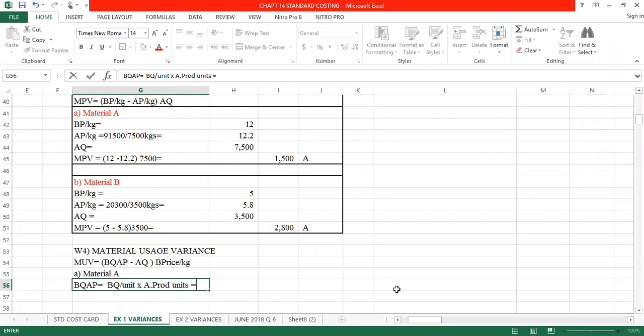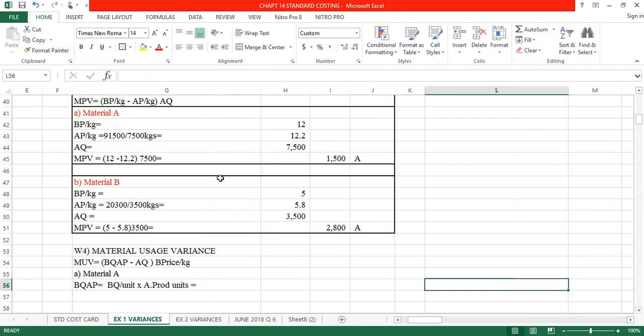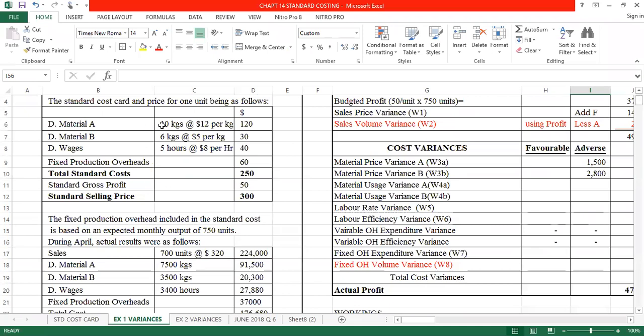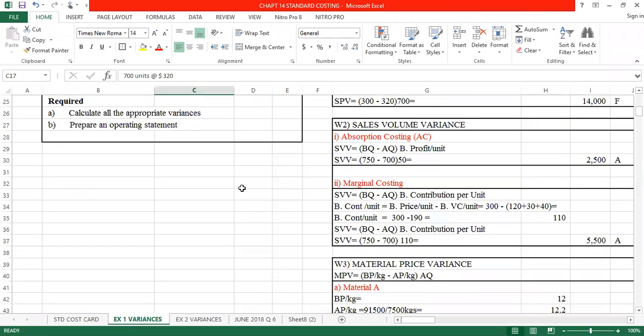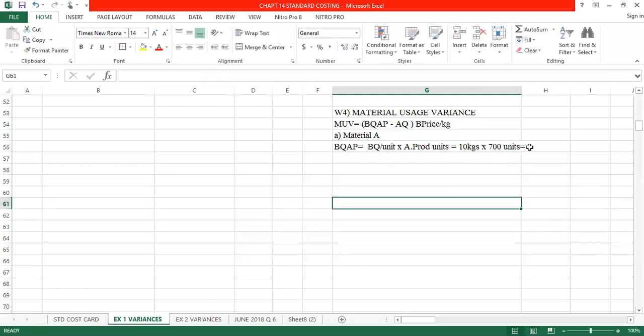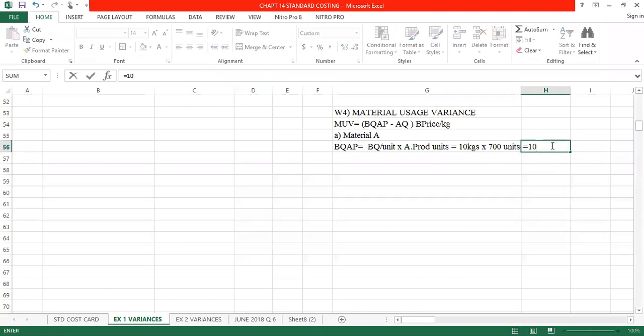Let's go back to the question. Budgeted quantity per unit of A is 10 kgs, times actual production of 700 units. So 10 times 700 is 7,000.